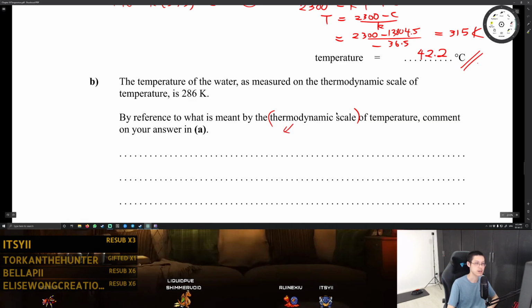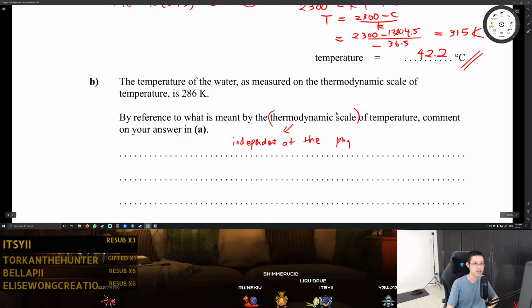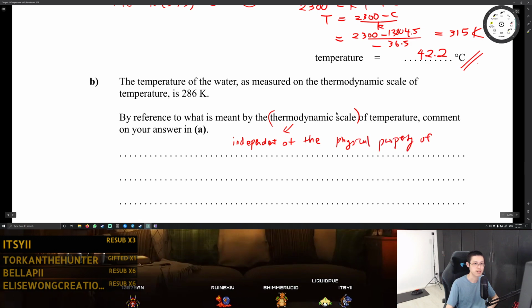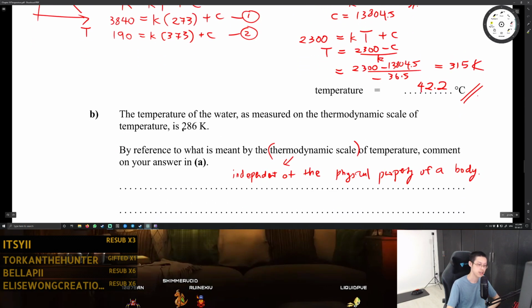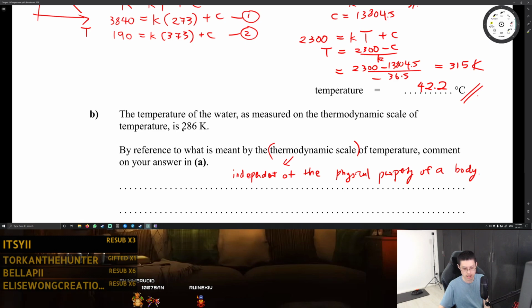So this is independent of the physical property of a body. So what is 286 kelvins? 286 kelvins minus 273 is 13 degrees Celsius.